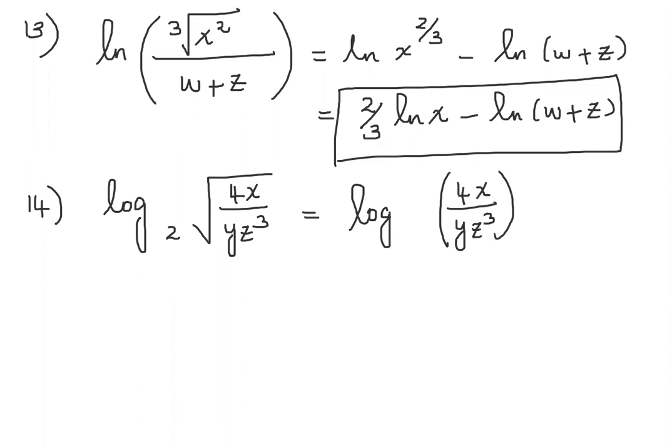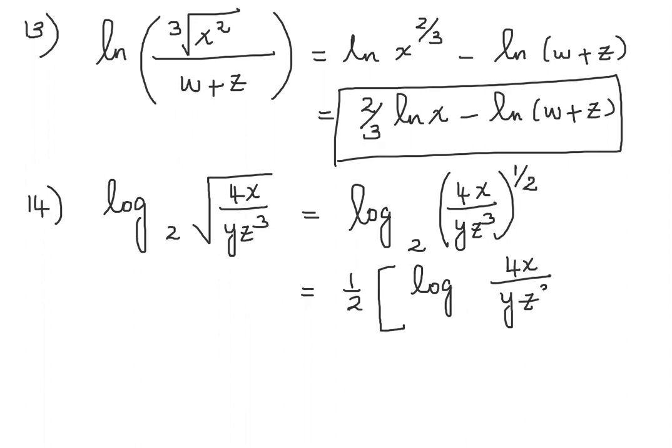So these are rational exponents with base 2. So now we are going to apply the rules one by one. Okay, sorry. So we have to first bring the power to the front. So it's going to be 1/2 log 4x over y z to the third with base 2.